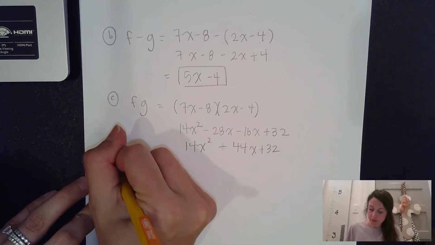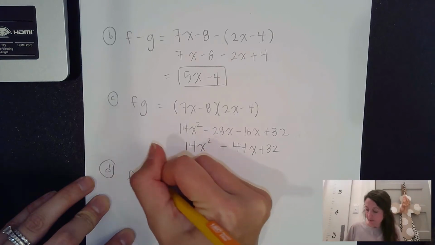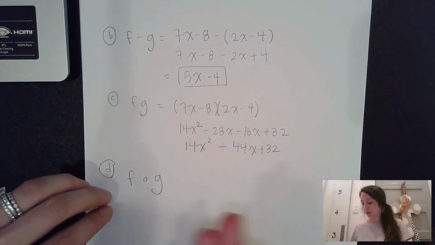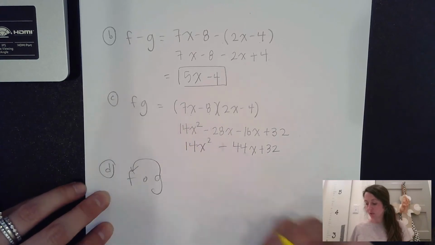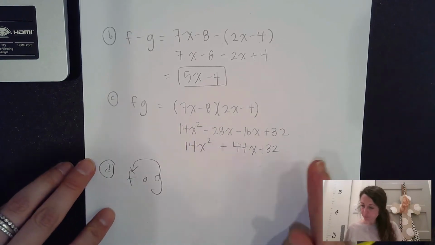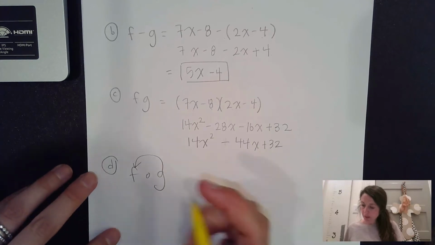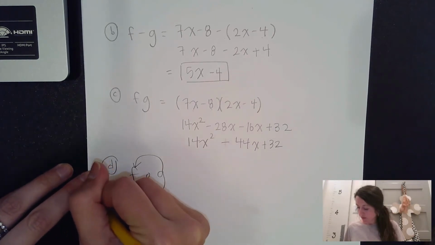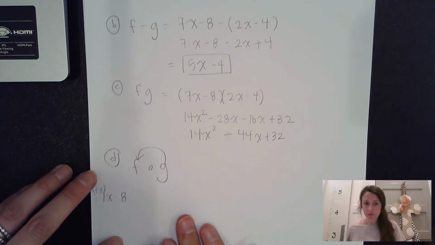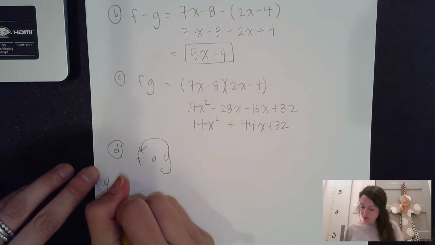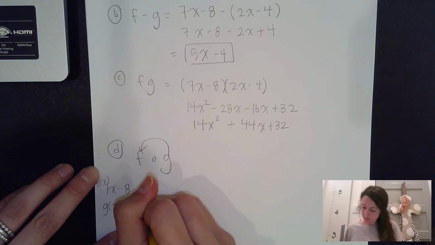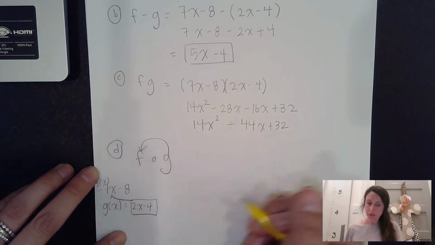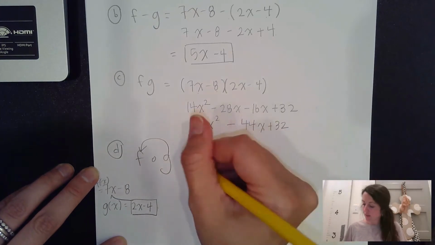All right, so what if you did f of g? So remember that one. That means that you are plugging your g function into your f function. So let's remember the f function is 7x minus 8, and the g function is 2x minus 4. So I'm going to plug the g function into my f function everywhere I see an x.